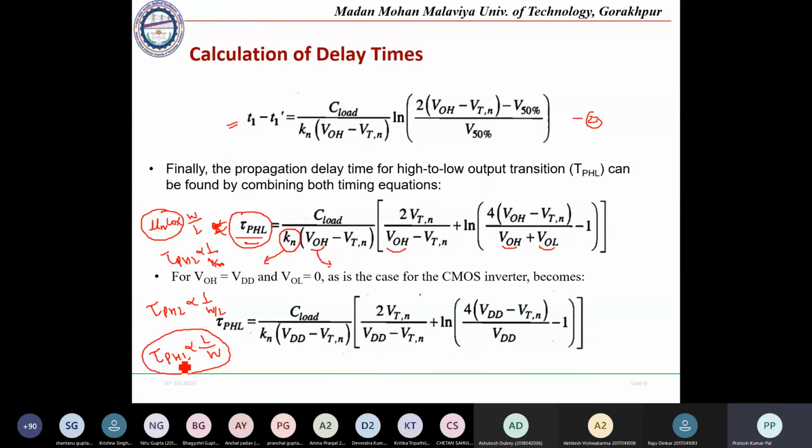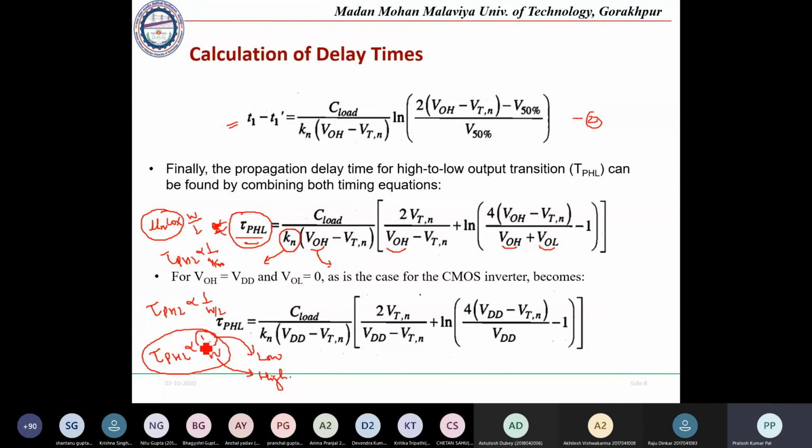So to make this tau PHL low, we need to use the minimum value of L. So in terms of design perspective, if we need to have a low delay of a circuit, then the length of the channel should be low and the width of the channel should be high. So this is how we go for designing any circuit in terms of different parameters.